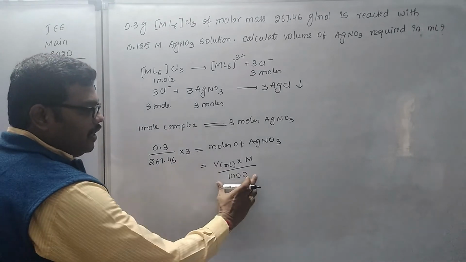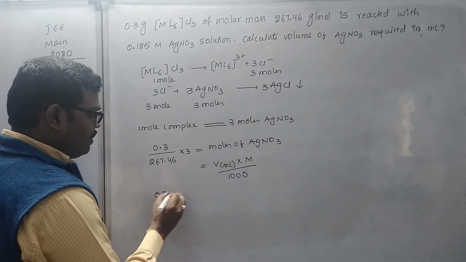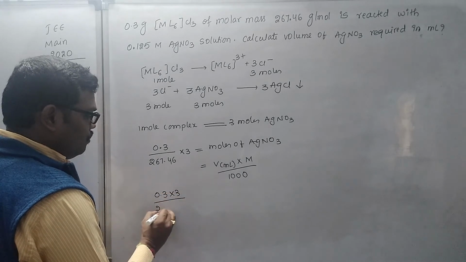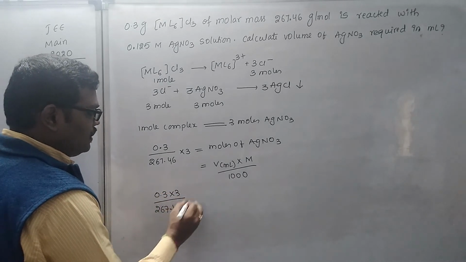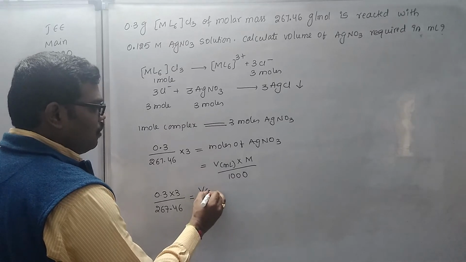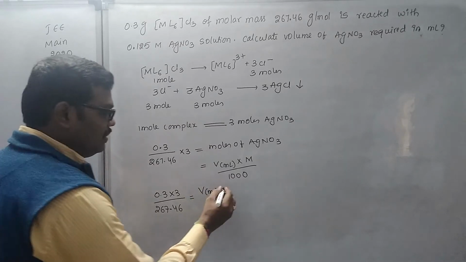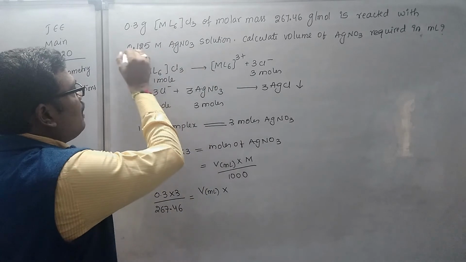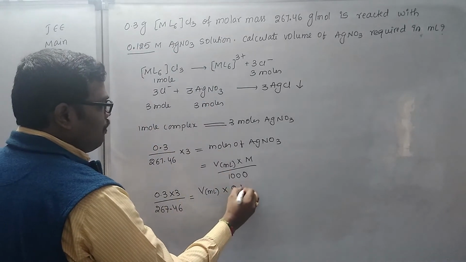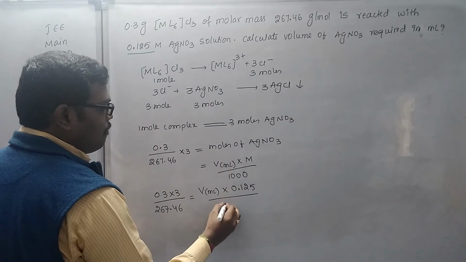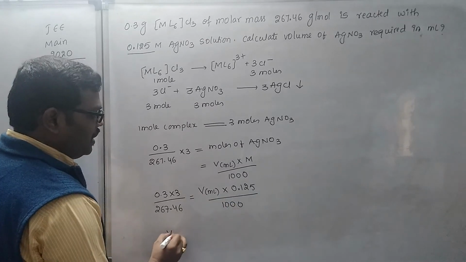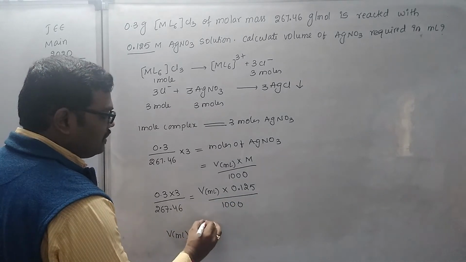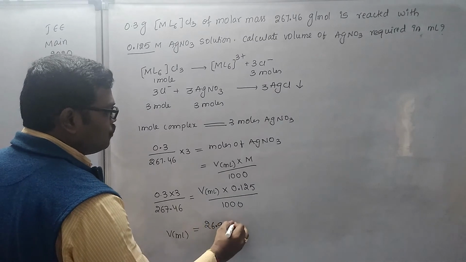So this is equivalent to this. So 0.3 times 3 by 267.46 is equal to volume in milliliter times the given molarity of AgNO3, 0.125 by 1000. So from this, volume is 26.92.